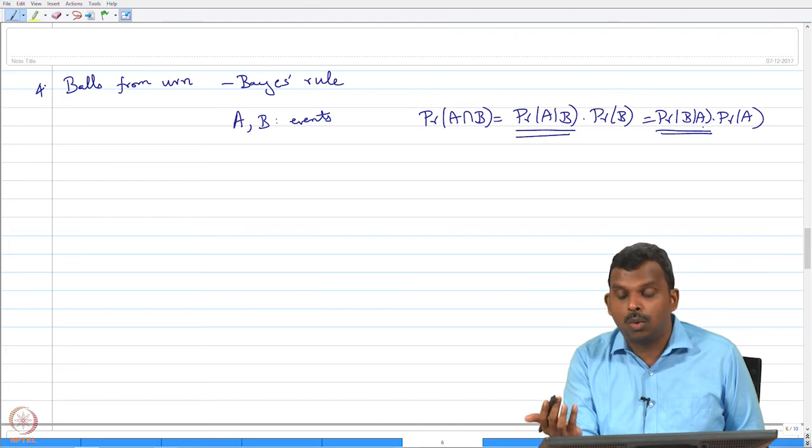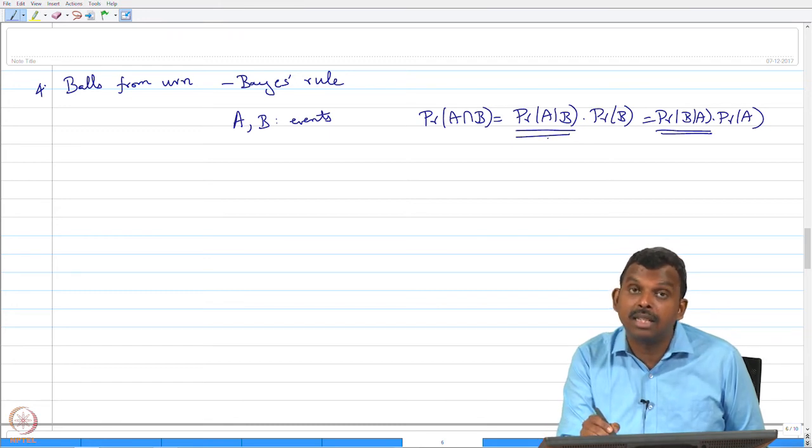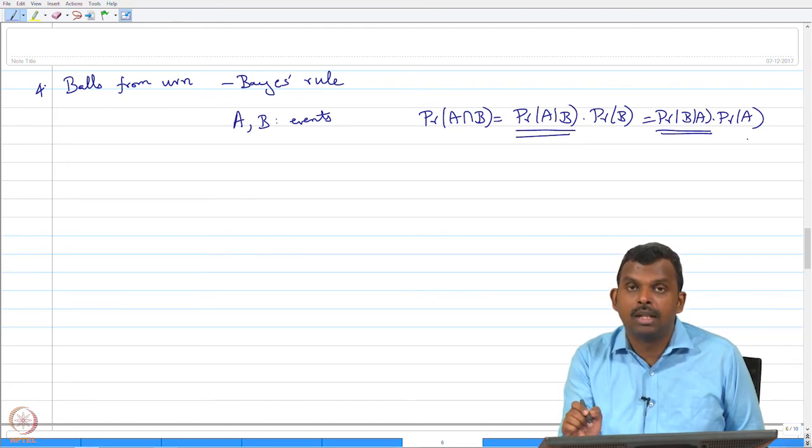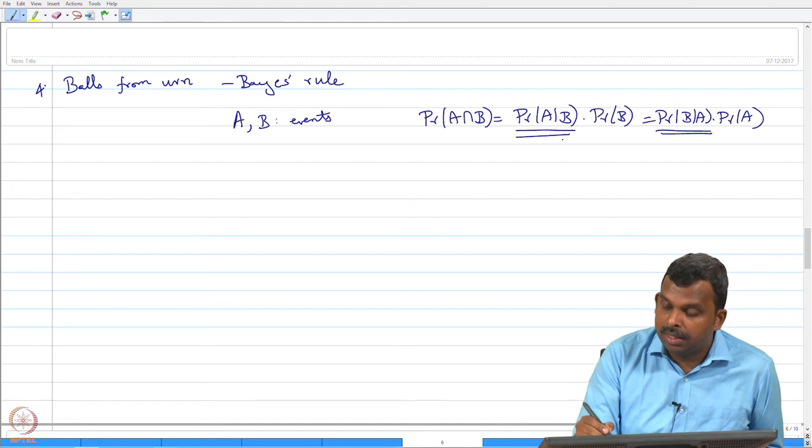Once you have such a situation, you can compute the other quantity using Bayes' rule. So, if probability of A given B is easy to compute, probability of B given A can be computed using Bayes' rule. This is the basic rule and one uses this in various clever ways to get to the answer. In many cases one of these might be easy to compute, and you can compute the other one from it.